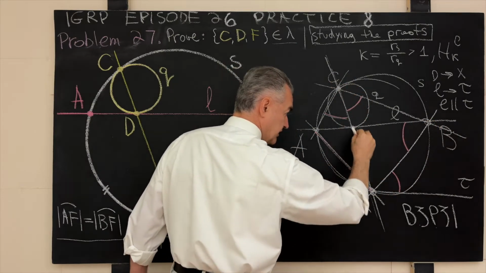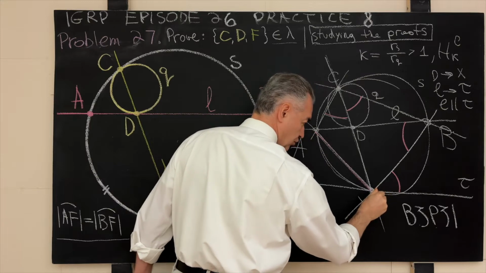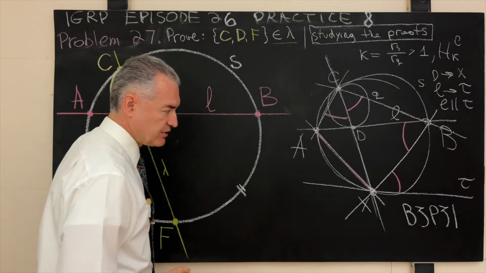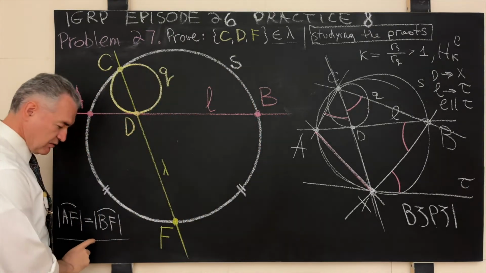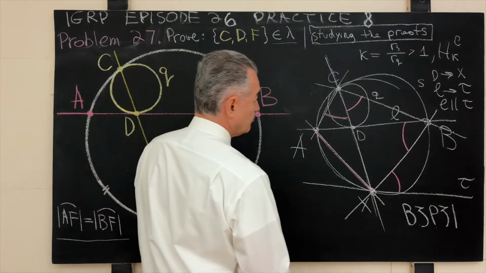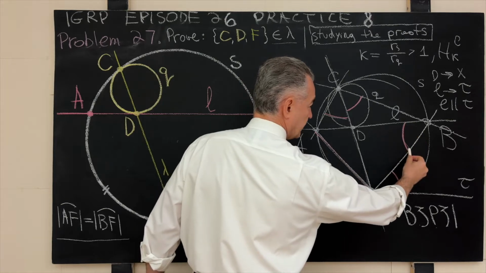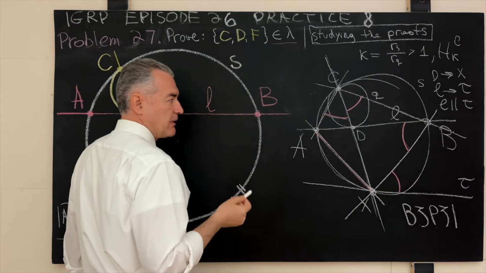And if it's extended, it will run into a point X. It will be on the circle. And what other property of the point X, the final property of the point X that we can deduce from here? Well, look at this. We have one angle over here at the vertex B set to a certain magnitude.